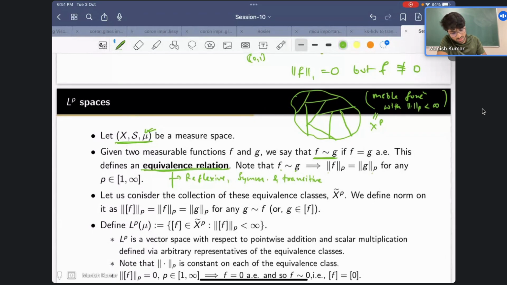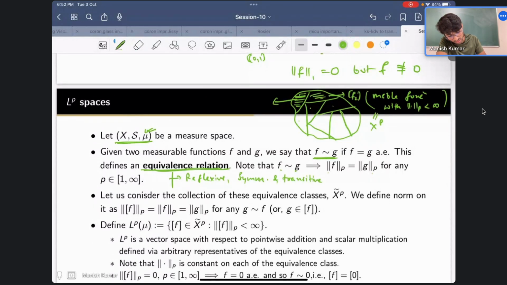If you have f here, so let's say this is the equivalence class of f1, let's say this is the equivalence class of f2, and so on. Every class, because this is an equivalence relation, you have equivalence classes, and those equivalence classes will partition the set Xp. Okay, so these are the properties of an equivalence relation.